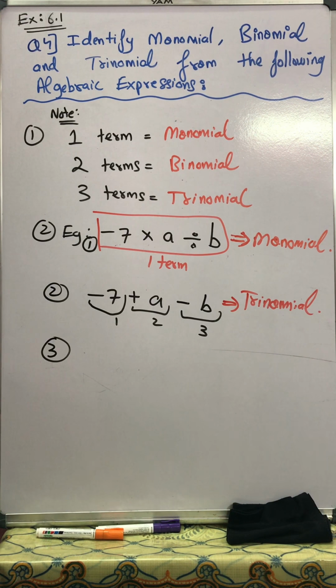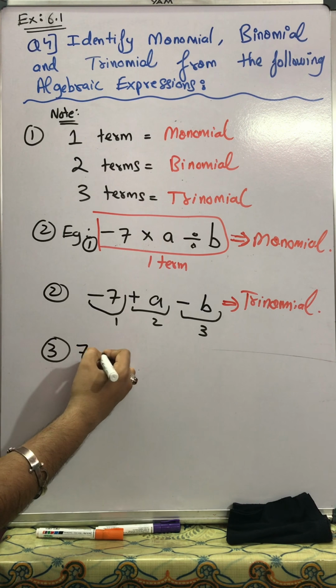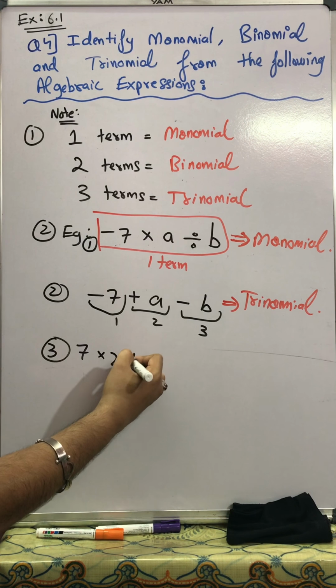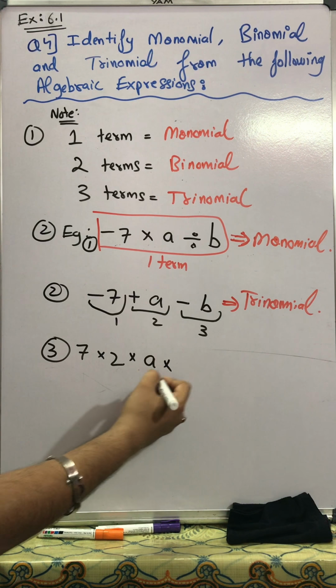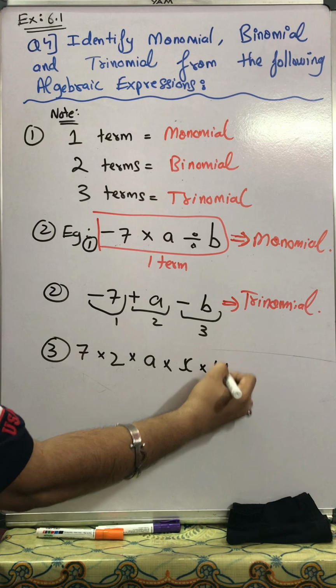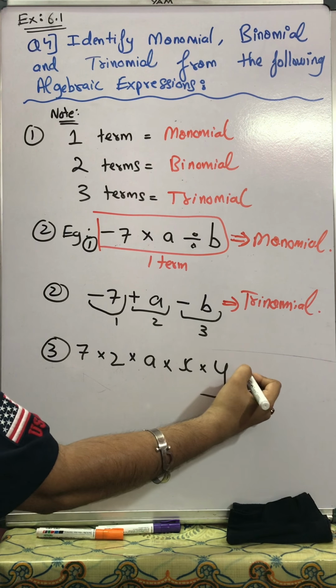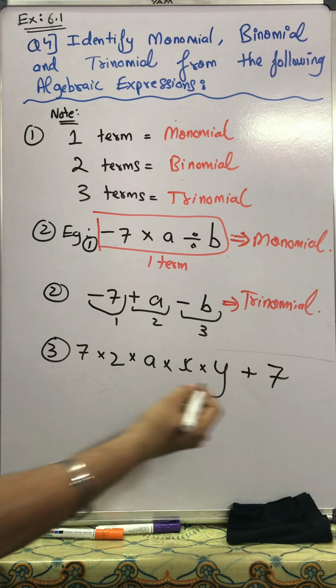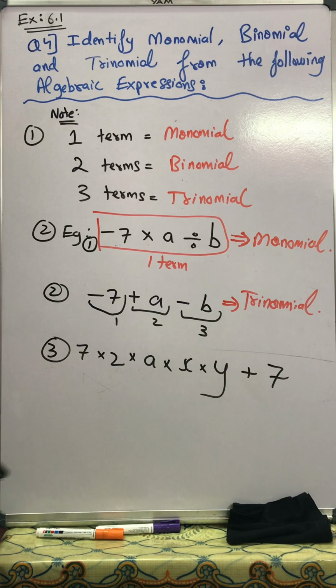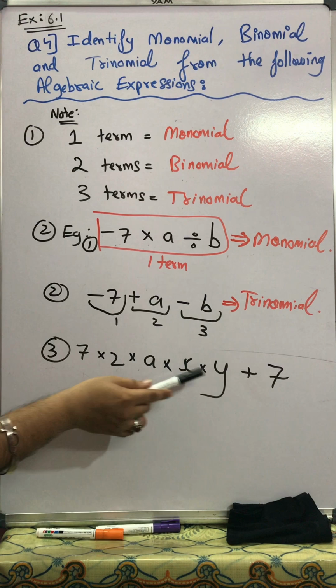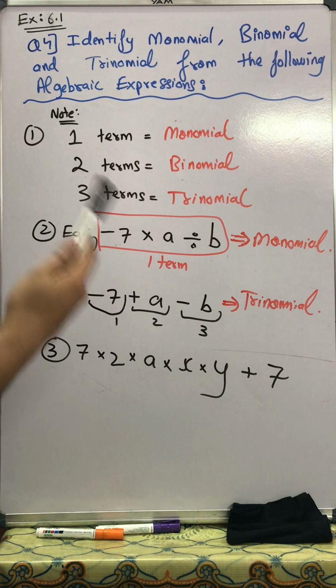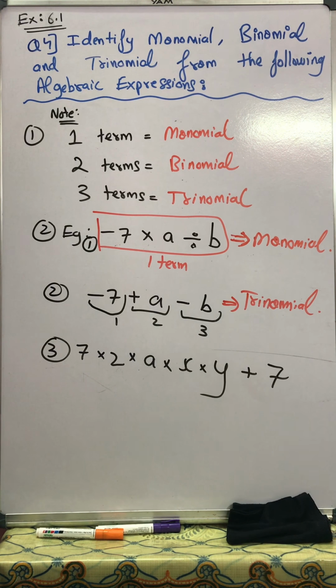Let's see. Okay, now let me give you a big expression which can have 7-8 terms. 7 multiplied by 2 multiplied by a multiplied by x multiplied by y, plus 7. So many terms? 1 2 3 4 5 6 terms? What's the answer?